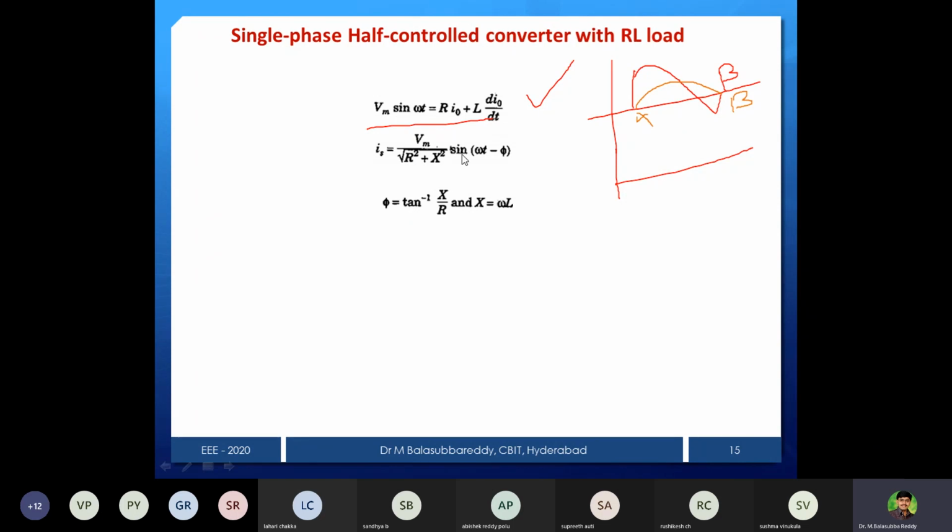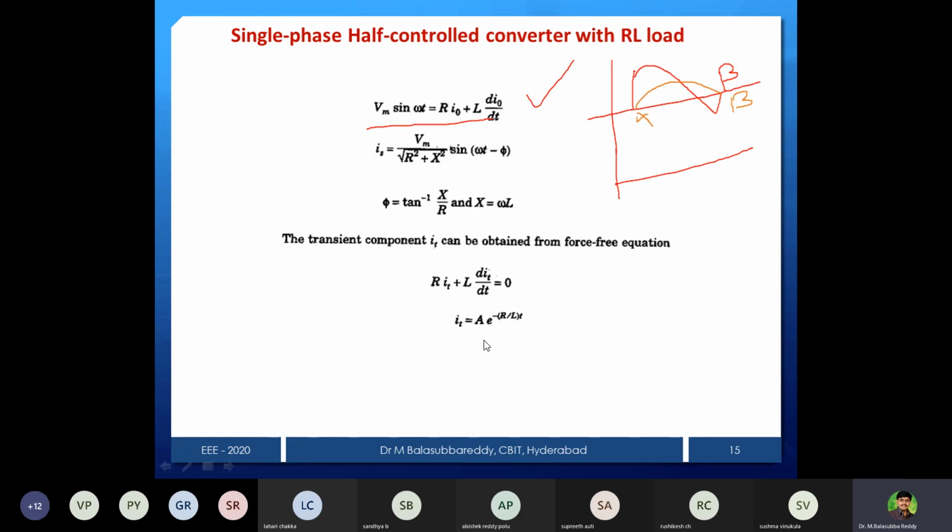That is Vm by Z sin(omega t minus phi) for steady state, where phi is tan inverse of X by R. The transient component comes from Ri plus L di by dt equal to 0. The sum of steady state and transient gives i of t.